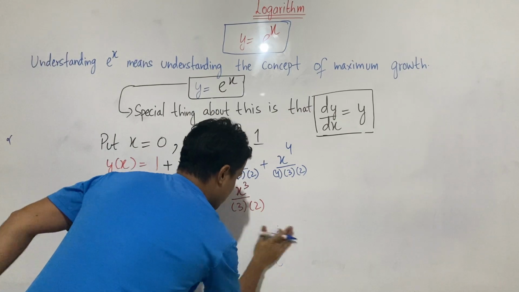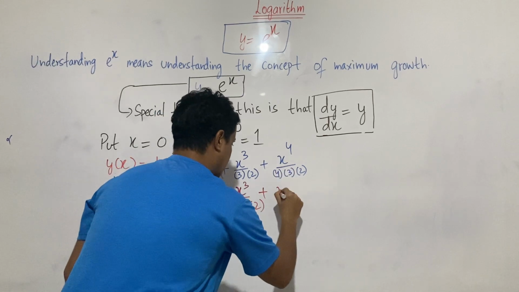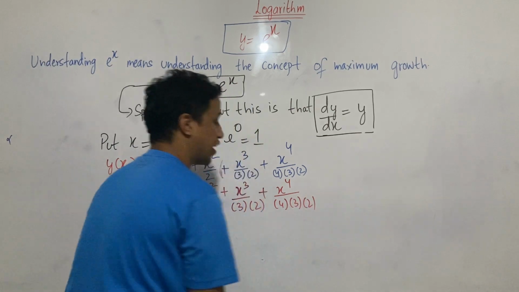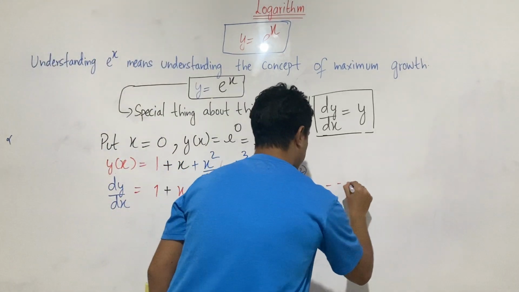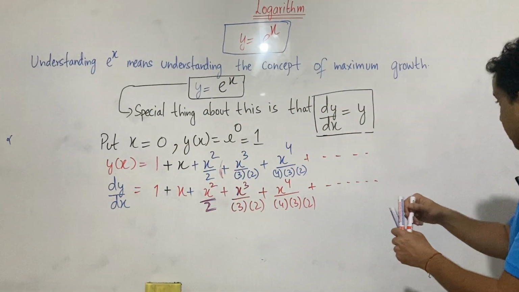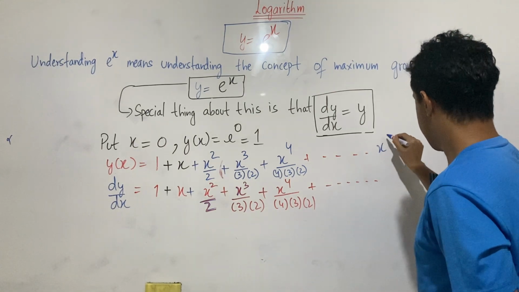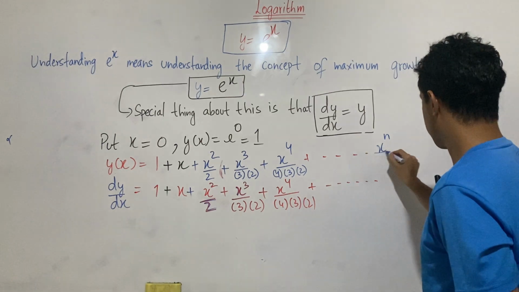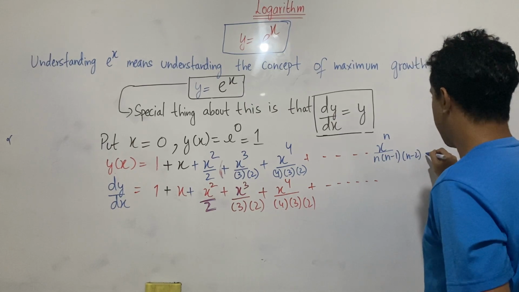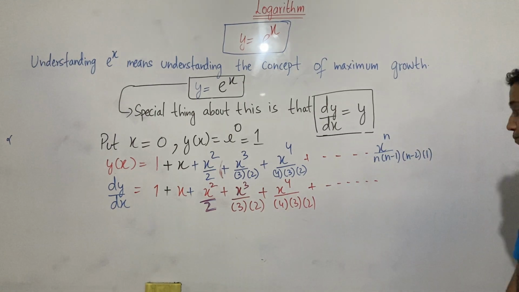Okay, and then the same goes here. Here would be x^4 by 4, 3, 2. Okay, and this goes on and on. Here we will get to the point where we will get x^n over n multiplied by n minus 1, n minus 2, and so on up to 1, right?